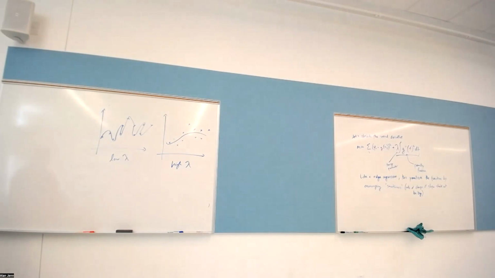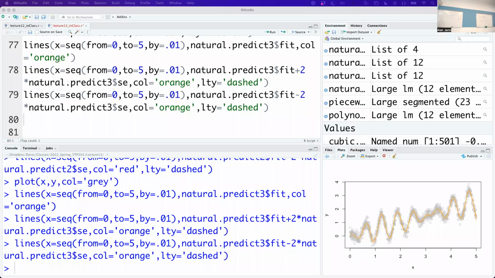Okay, so let's finish out today looking at this in R very quickly. Okay, so I'm just going to copy and paste this because we are running low on time.